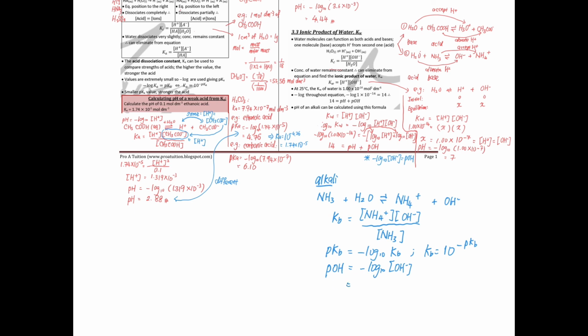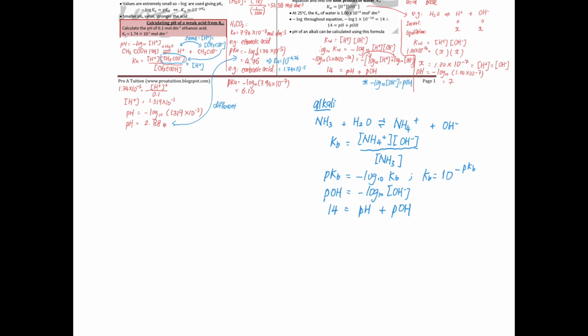So the ionic product of water is important here, because at the end it helps us find the pH of alkaline. Okay, so now let's see one example. I create a similar example, similar to this one.